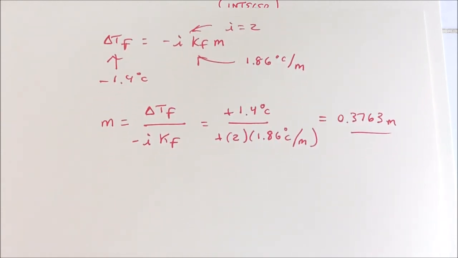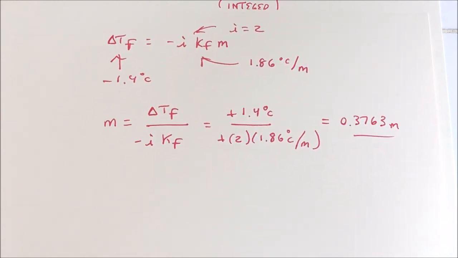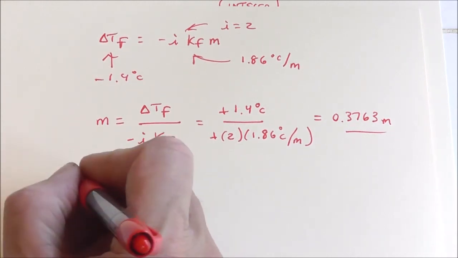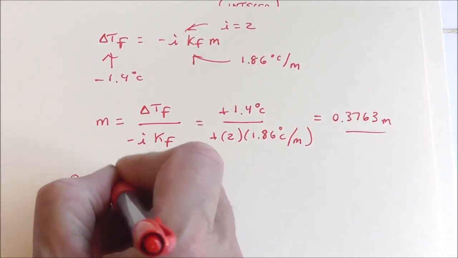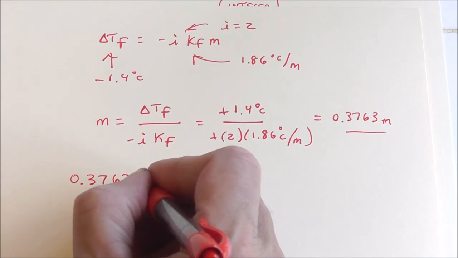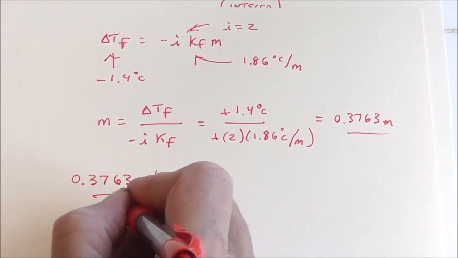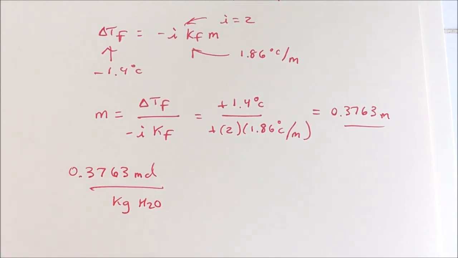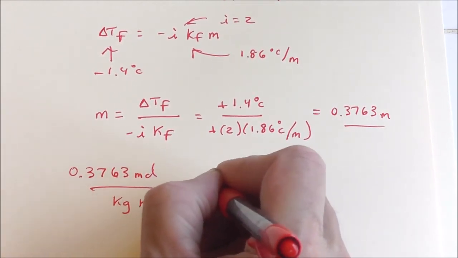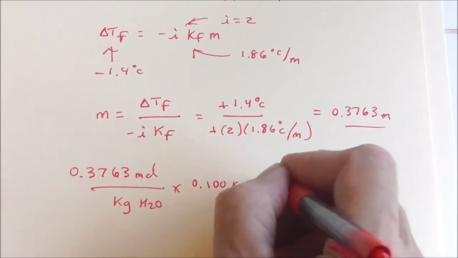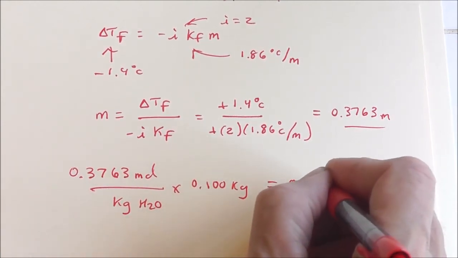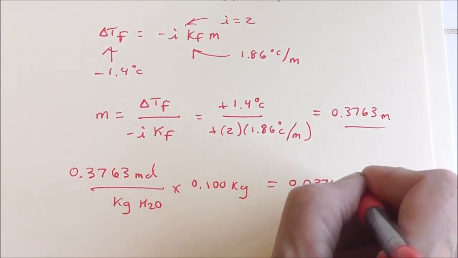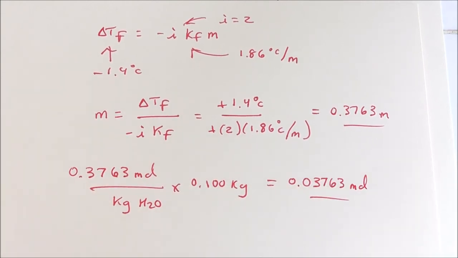That's moles per kilogram, and I got 1/10 of a kilogram. So 0.3763 times 0.100 kilograms. So pretty much do it in my head, 0.03763 moles.